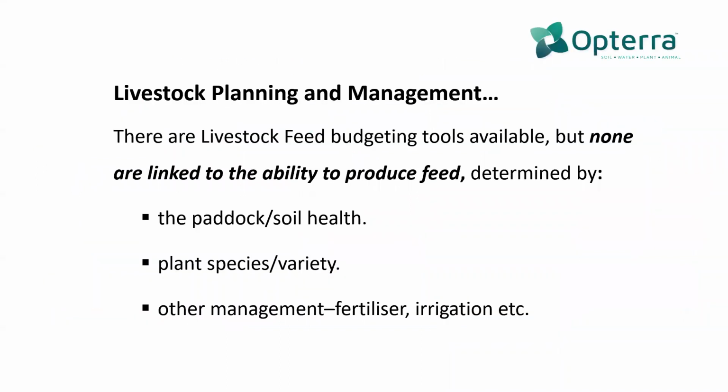A couple of things about feed budgeting. Feed budget tools in the past were quite generic. They generally relied on a percentage of body weight gain. All the animal nutrition specialists will tell you that's absolutely true for about 5 weeks of the year in the flush of the season.